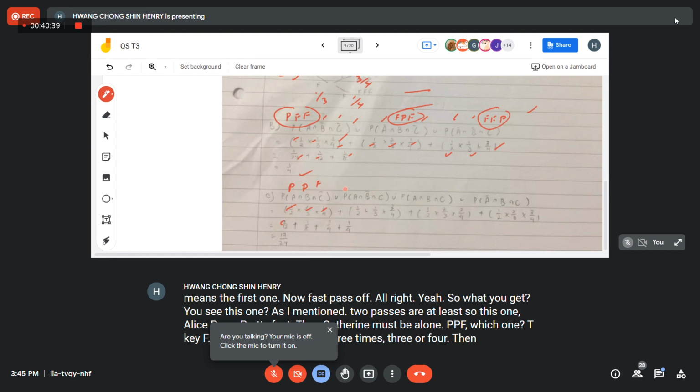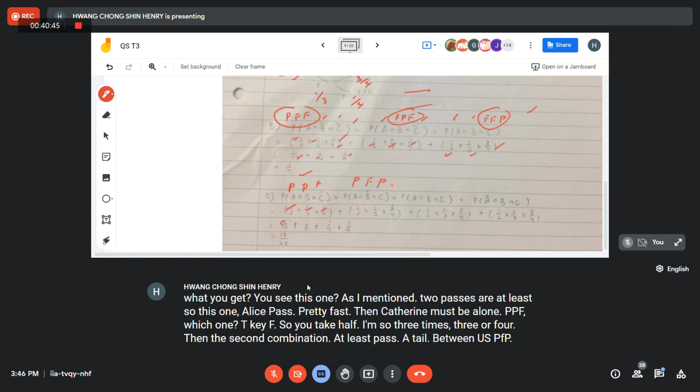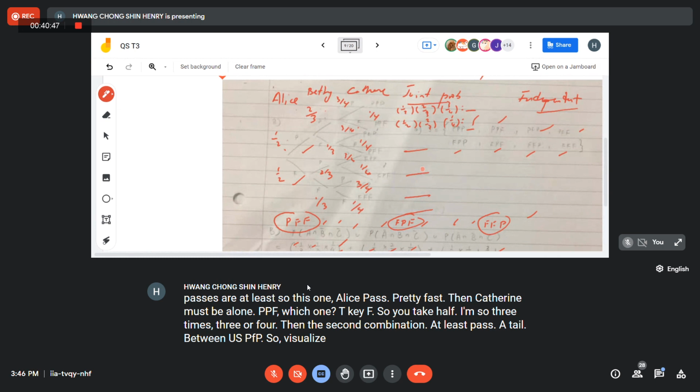Then the second combination, Alice pass, Betty fail, Catherine pass, PFP. So which one is PFP? Alice pass, Betty fail, and Catherine pass.